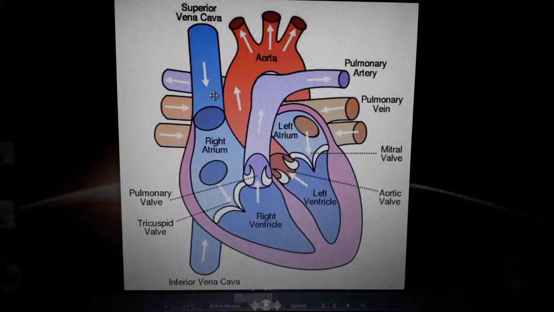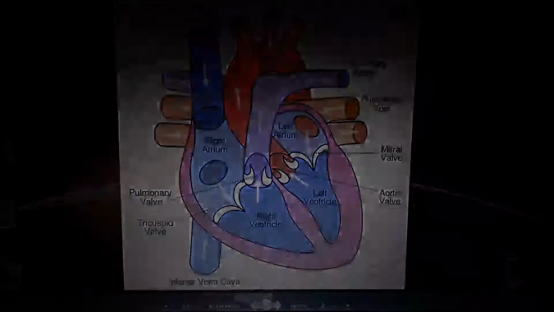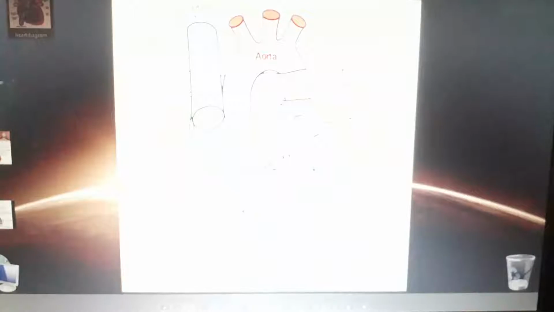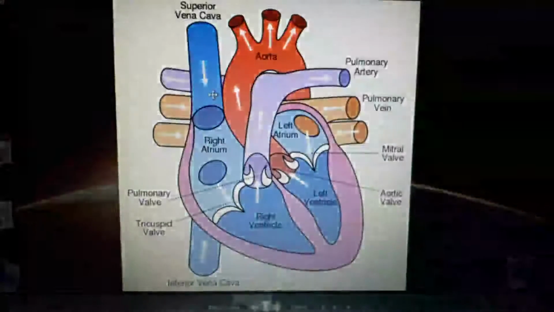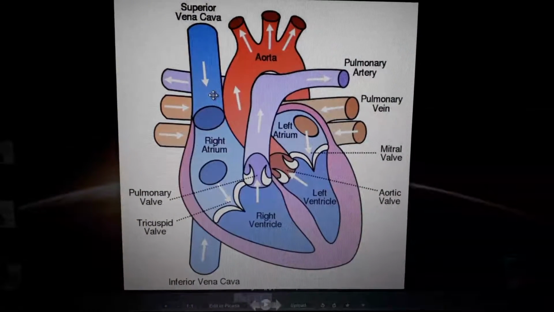The heart is the organ which creates the pressure to pump the blood throughout our body. Without pressure, the flow of liquid from one place to another is impossible. Liquid only moves from a high pressure area to a low pressure area, and it is the heart which does that for us.